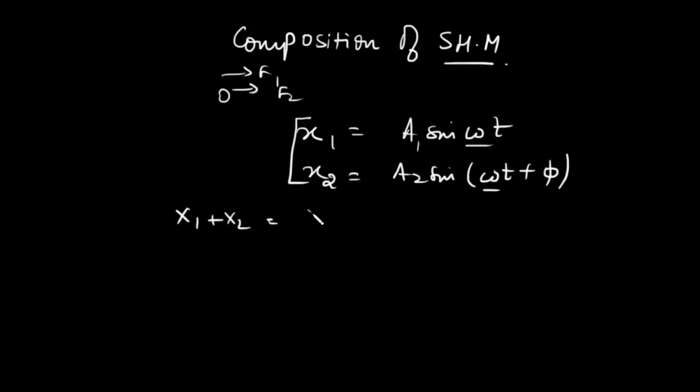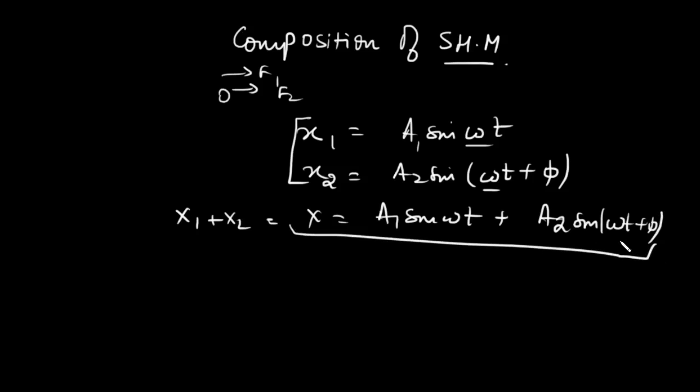We get the net displacement x, which would be A1 sine omega t plus A2 sine of omega t plus phi. This will be the net displacement at any given point of time t. Right now this is not the amplitude, because amplitude is the maximum of this. This is the net displacement at any time.